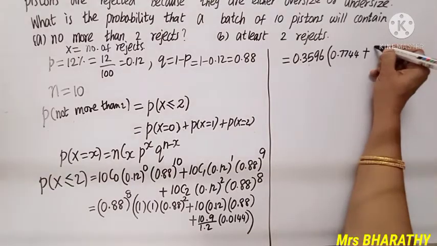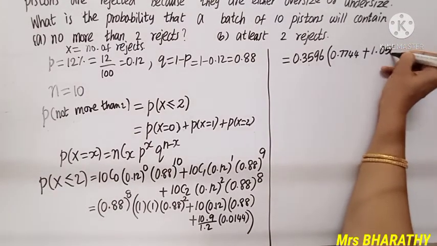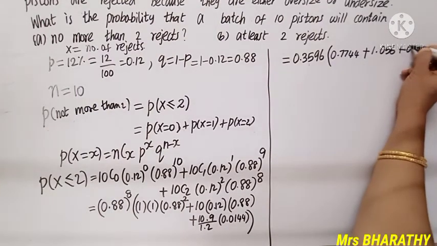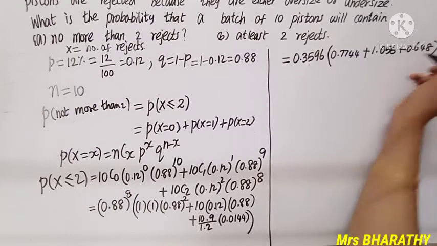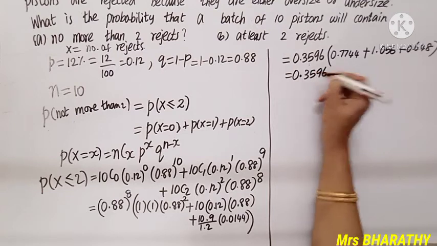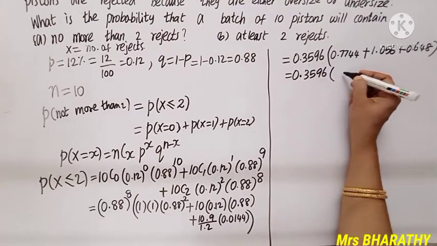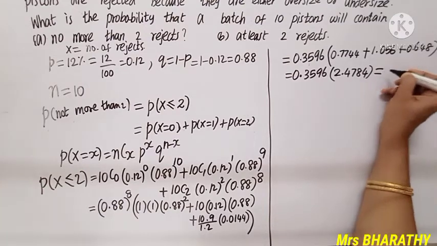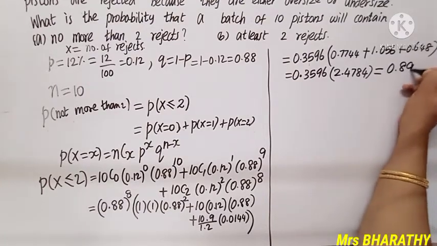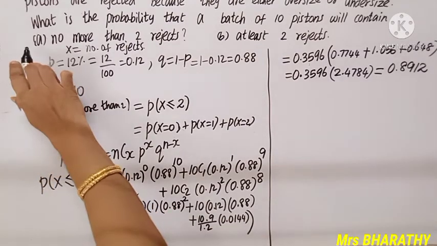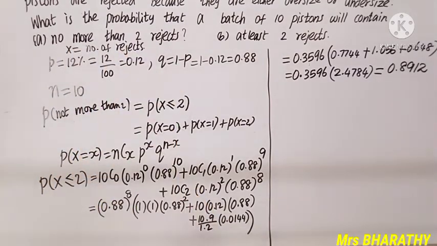It is 1.056, plus, if I cancel and multiply, I get 0.648. As we add it all, it is 0.3596 into 2.4784, or 0.8912. We have completed A part, which is not more than 2 rejects.